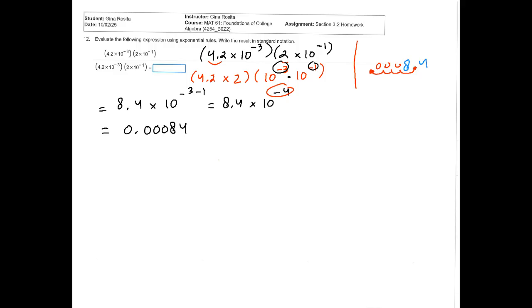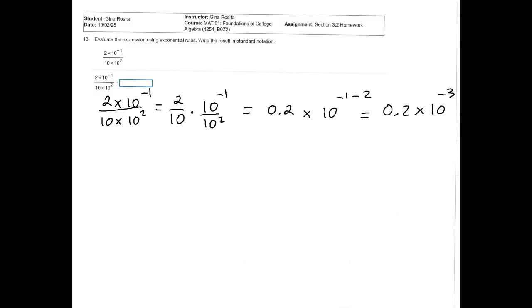Now number 13. We have the same thing, yeah? But this is a fraction. Okay, now I just copy this one. So 2 times 10 to negative 1 over 10 times 10 squared. Okay, so we can write that.